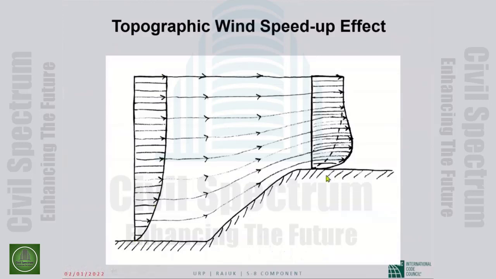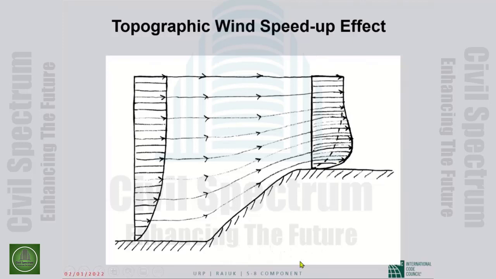But if the structure is sited on the upper half of a hill or an escarpment, as they're called, then the pressure distribution changes as shown in this picture. This would have been more characteristic of something on flat ground, below the hill, and on the hill the pressure distribution looks like this.